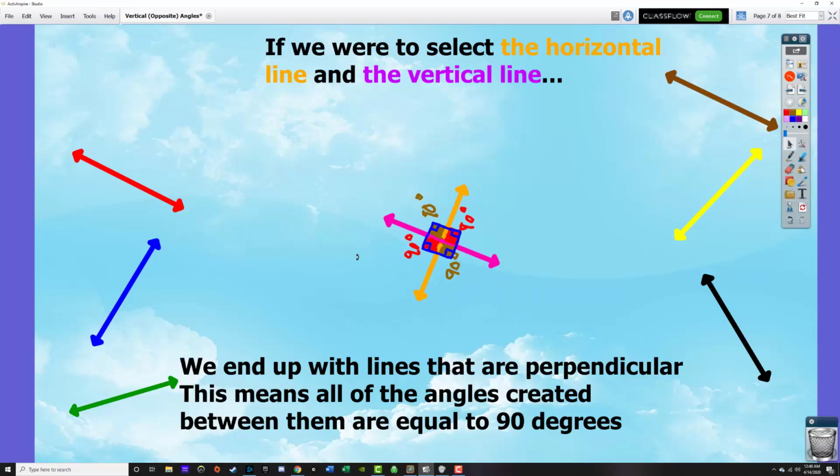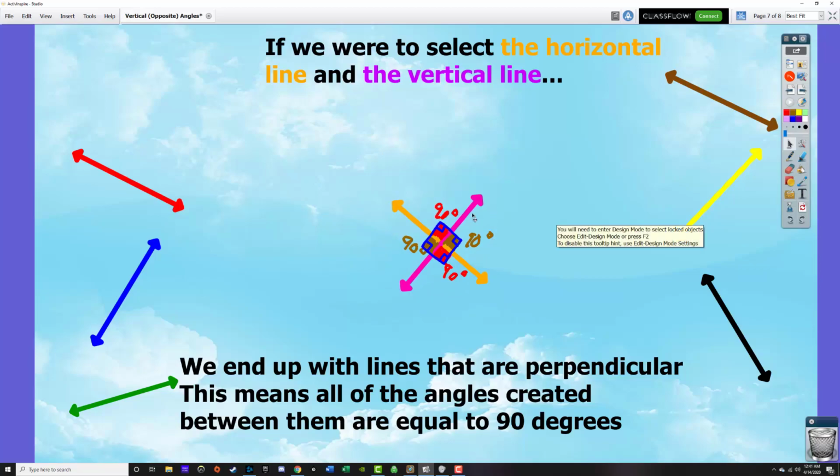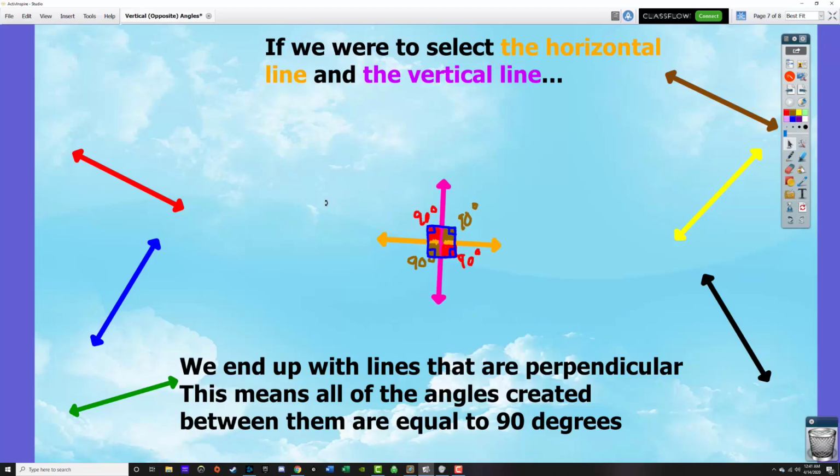And that happens even if we rotate, so the lines can be diagonal, if they come in at 45 degrees, it just depends. But we're going to start with the most common type of perpendicular lines, the horizontal line and the vertical line coming together.